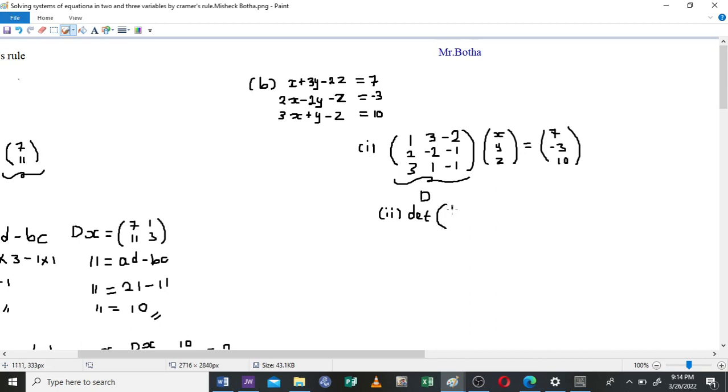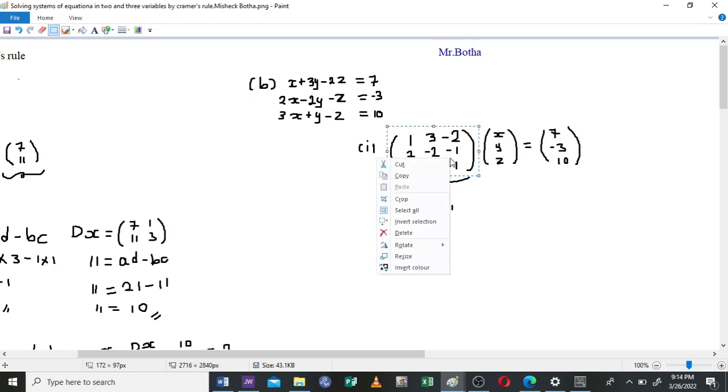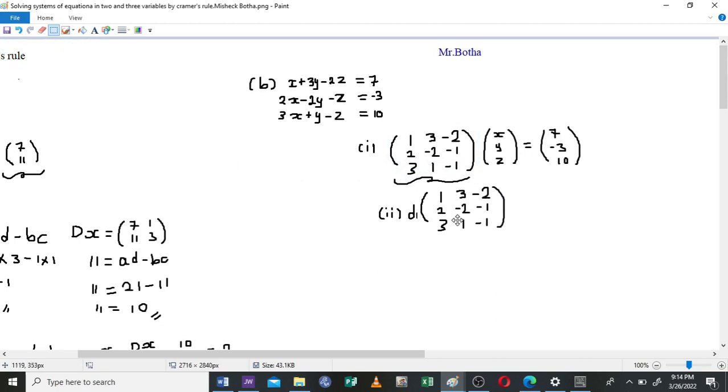So again, let me just copy the same matrix here so that we can use it. Just want you to see clearly what we will be doing. Okay, so just a moment, and here we go.